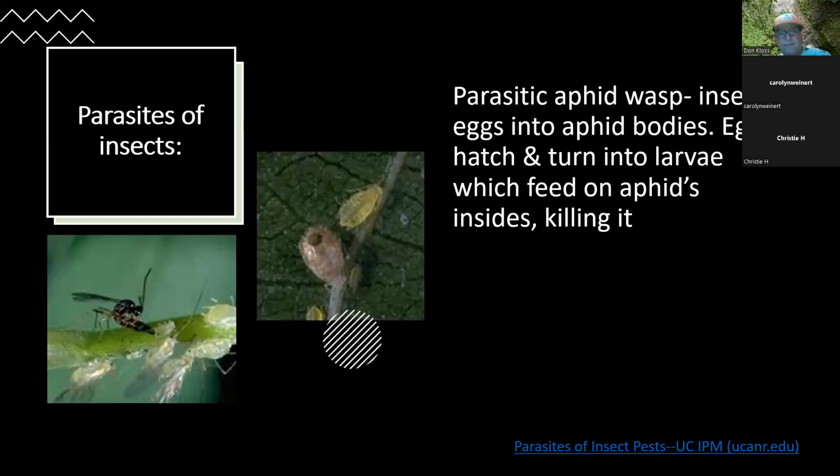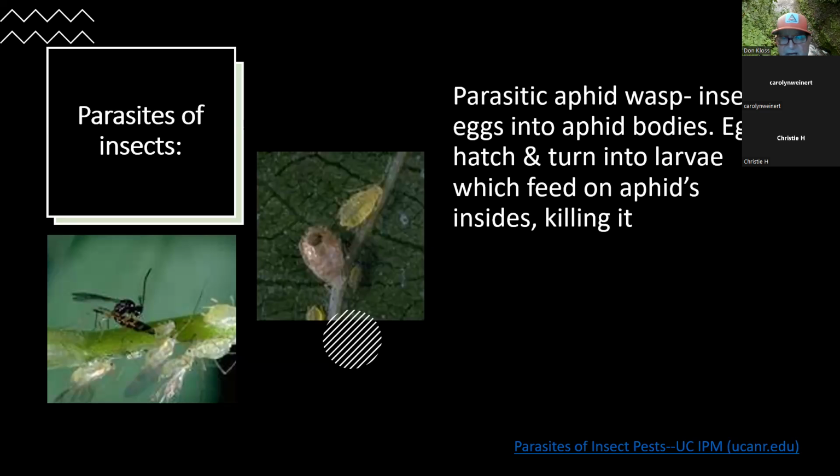And to look at some other things related to insect parasites, there are parasites of insects, as I mentioned early on in the presentation. This one on the far left here is a parasitic aphid wasp.